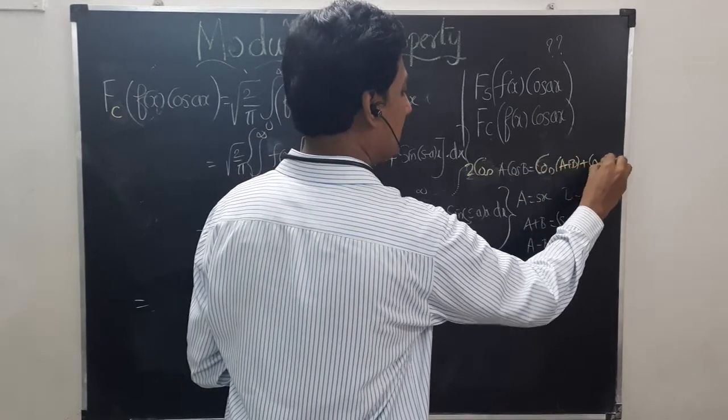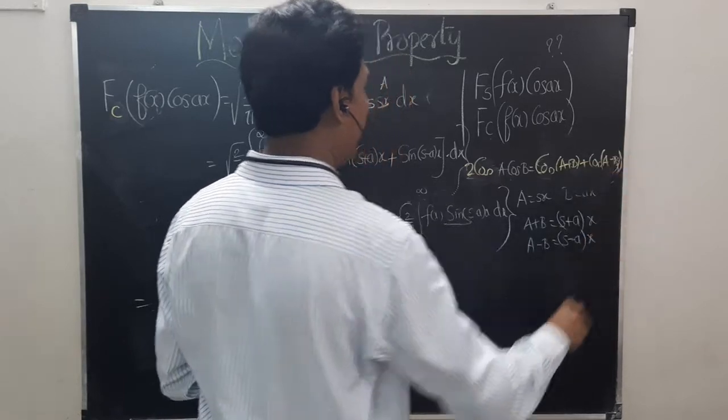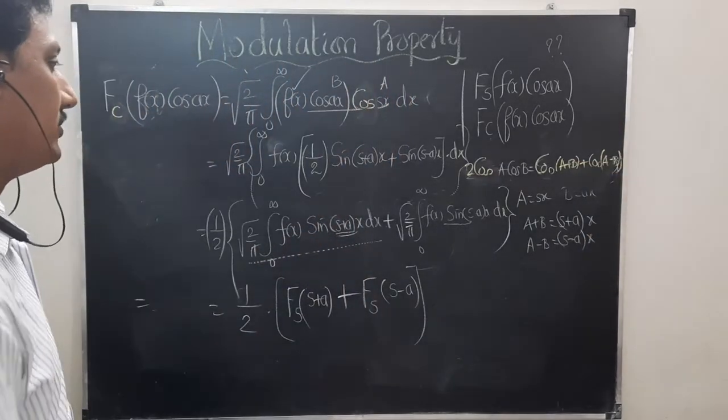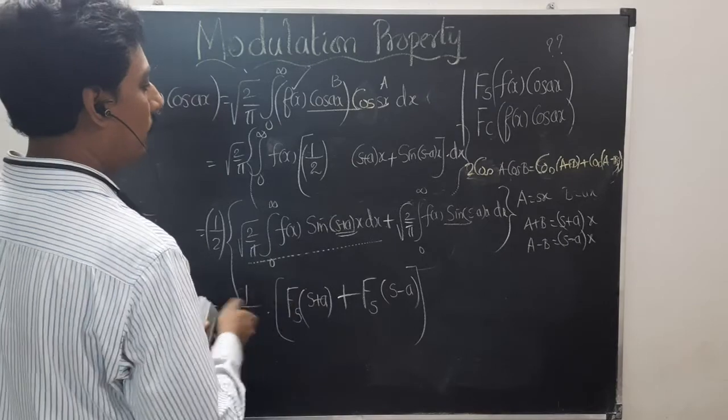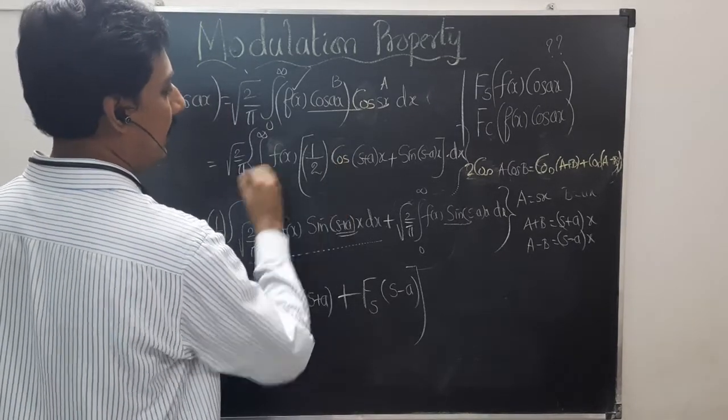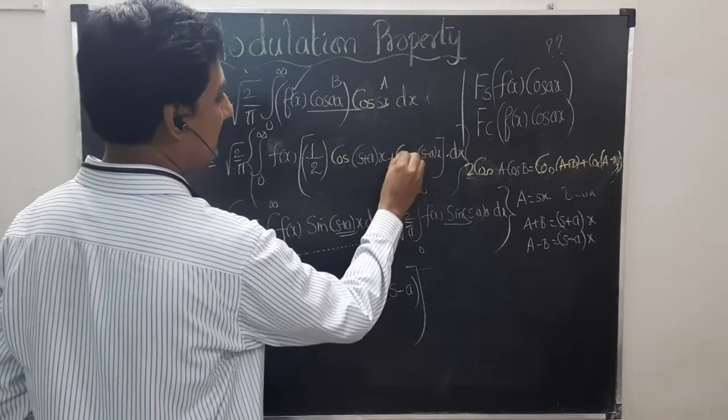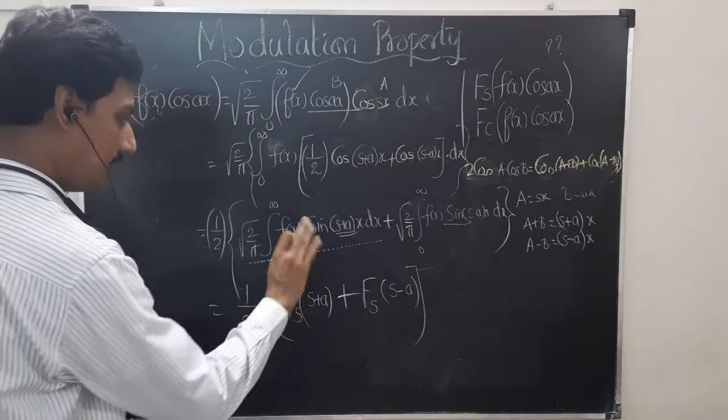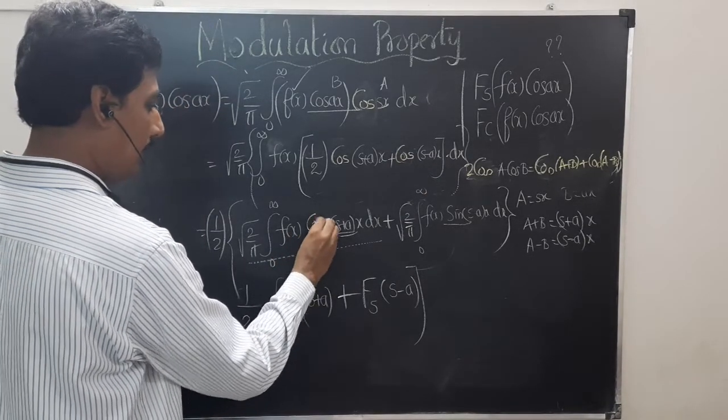Understand? So a equals sx, b equals ax. So this becomes 1 by 2 cos of s plus a into x plus cos of s minus a into x. So the same concept only, but the output is completely different.